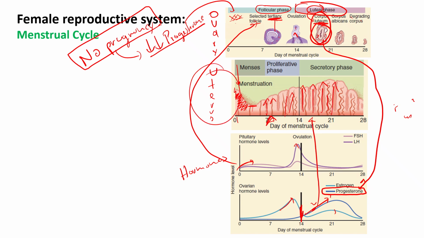The growth of the endometrium in the secretory phase is because of the increased amount of progesterone produced by the corpus luteum. And if the egg that was released gets fertilized by sperm, there's not going to be menstruation. What there's going to be is a baby in 9 months.